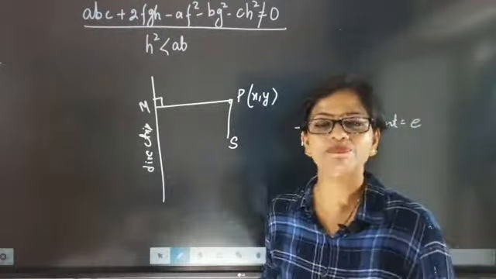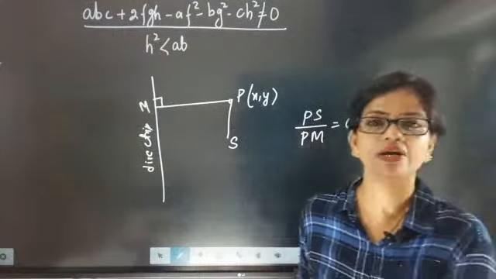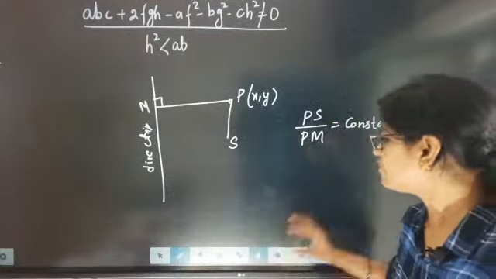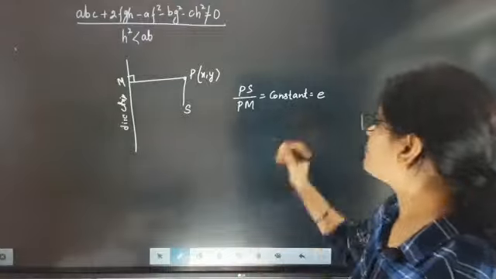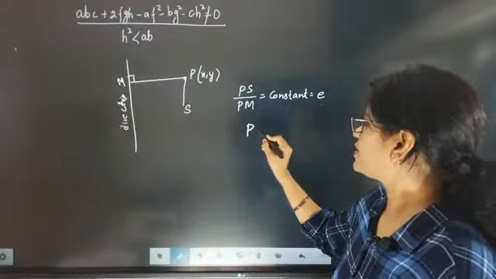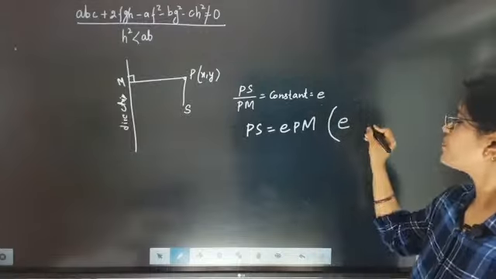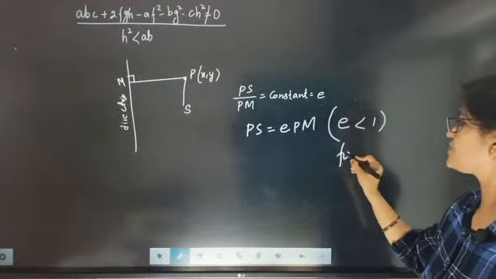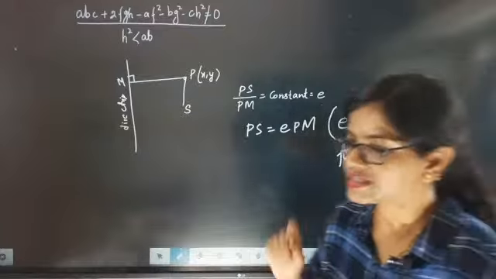So PS by PM will be equal to a constant, and this constant is nothing but the eccentricity. For an ellipse, the eccentricity is less than 1.